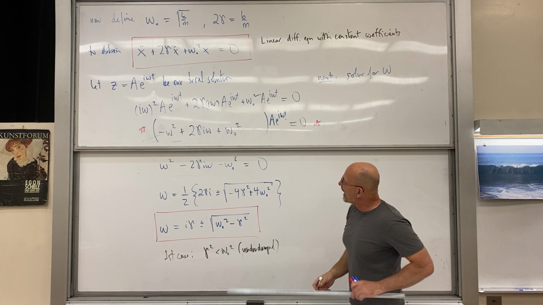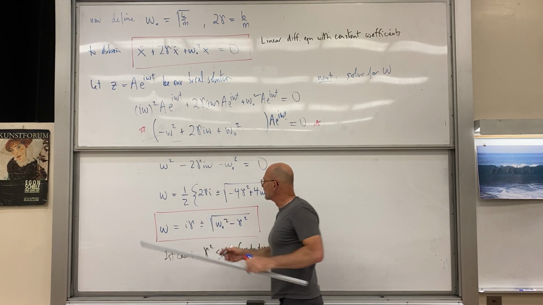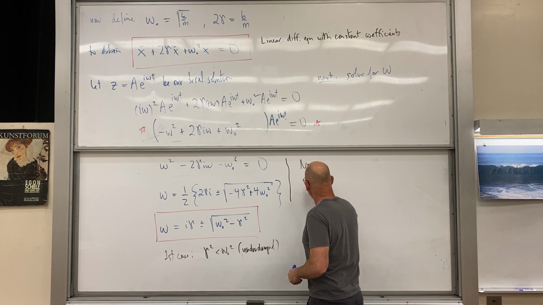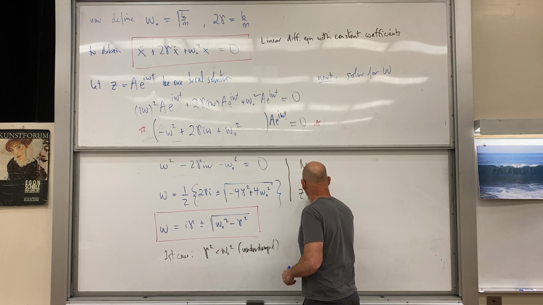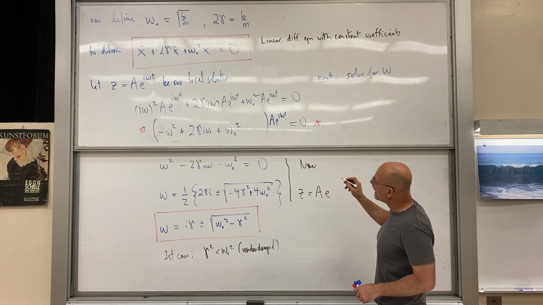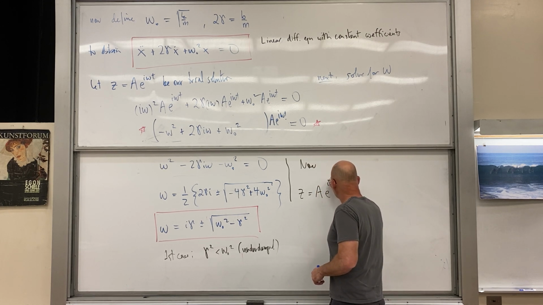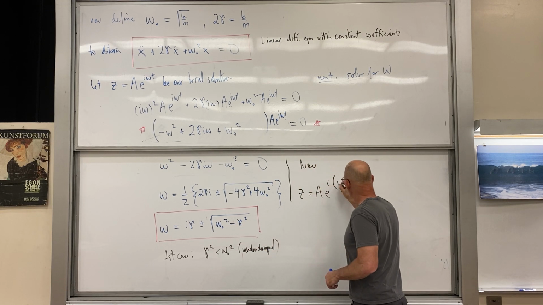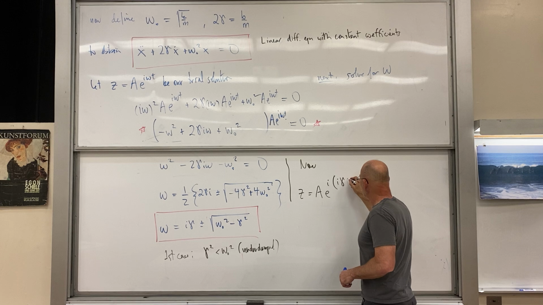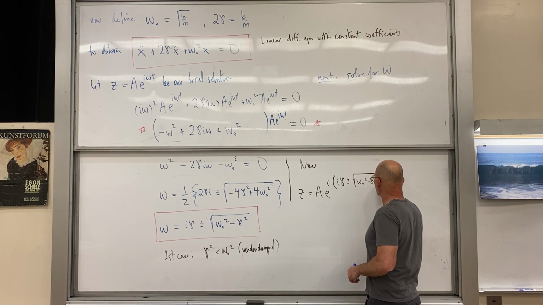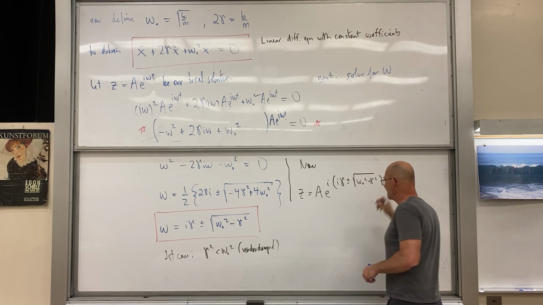And we'll go ahead and do this right here. So we're going to go back into our solution. Now z is equal to a e to the i omega t, so i times this thing here, i gamma plus or minus root omega naught squared minus gamma squared, t.